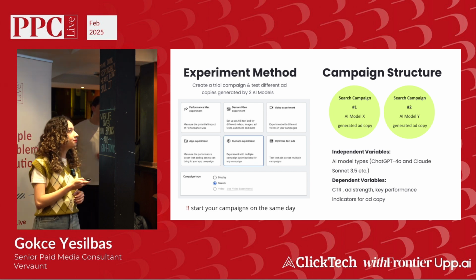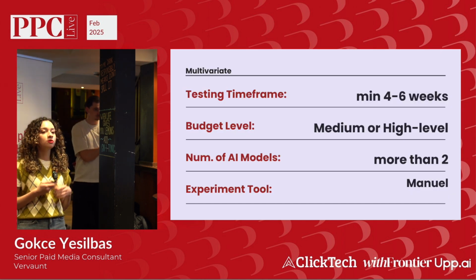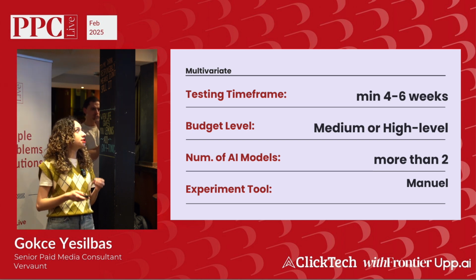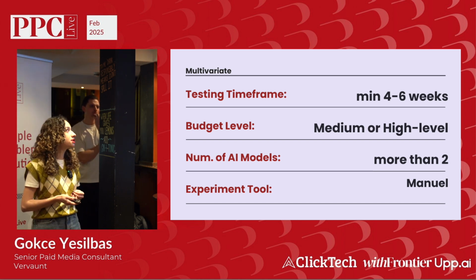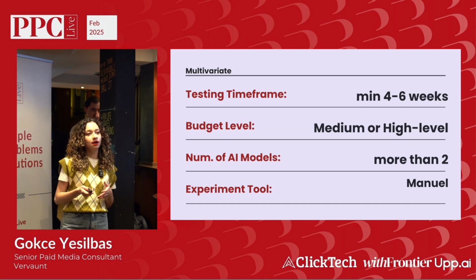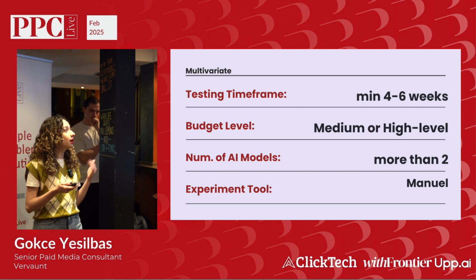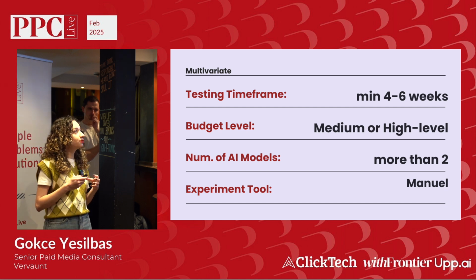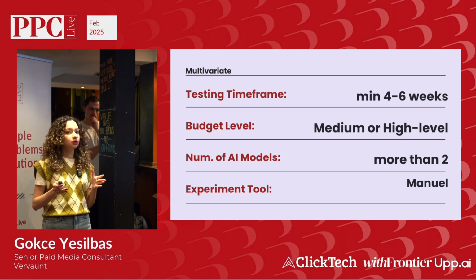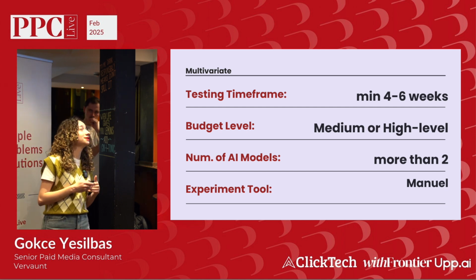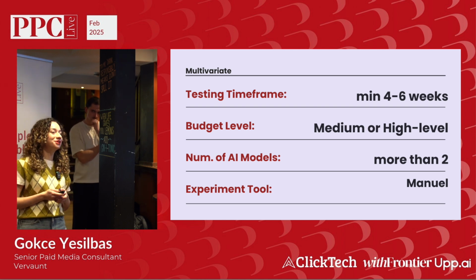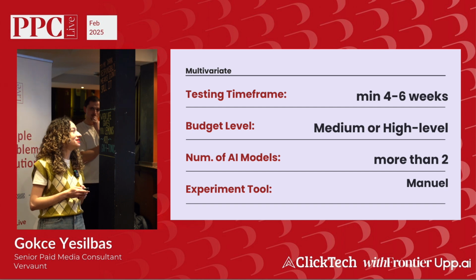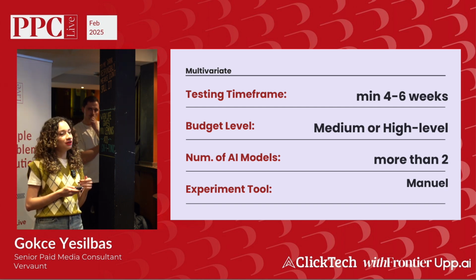KPIs. For multivariate testing, I recommend running this test for a minimum of 4 to 6 weeks, and you can select either a medium or high-level budget campaign. You should use a minimum of 2 AI models, or more than 2 AI models, and you can run this test manually.